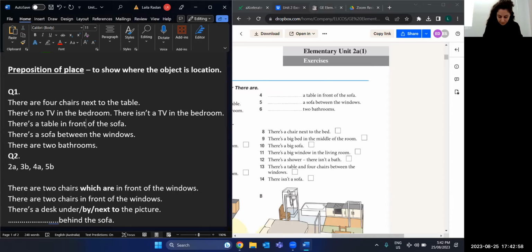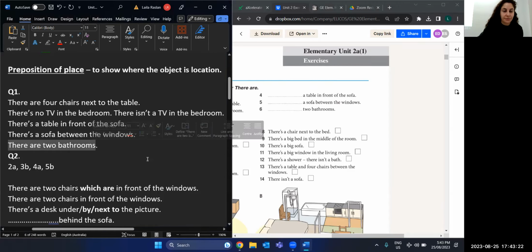Number 5, there's a sofa between the windows. So there's a sofa between the windows. Number 6, there are, because there's more than one, and it says 2. There are 2 bathrooms.